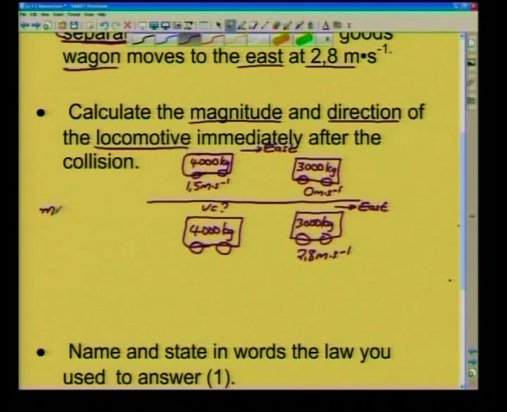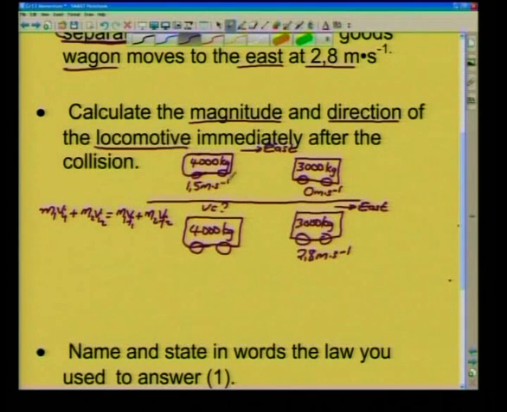Because they separated, mass of 1, velocity initial of 1, plus mass of 2, velocity initial of 2 would be equal to mass of 1, velocity final of 1, plus mass of 2, velocity final of 2. And what is mass of 1?